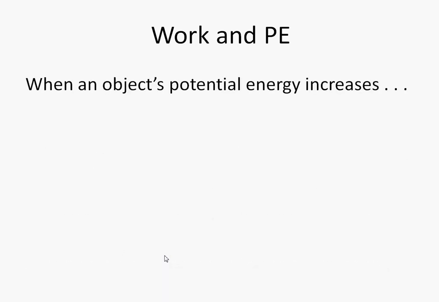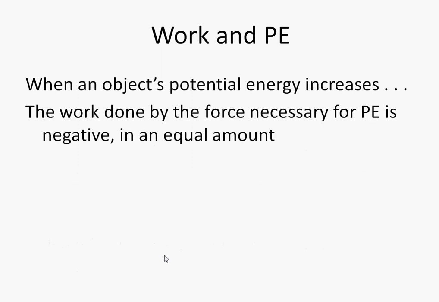So in terms of work and potential energy, you've probably already figured out the relationship. When an object's potential energy increases, the work done by the force necessary for potential energy is negative, in an equal amount. And the opposite's true too. If the potential energy decreases, if there's a loss, then the work done is going to be positive in an equal amount.